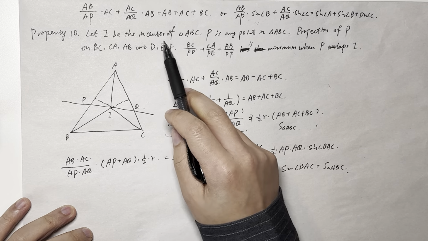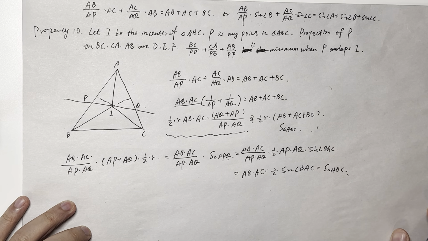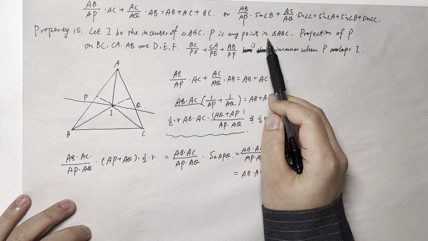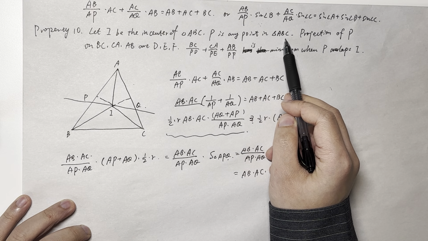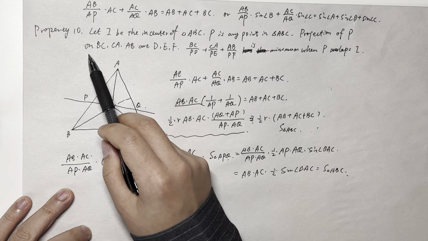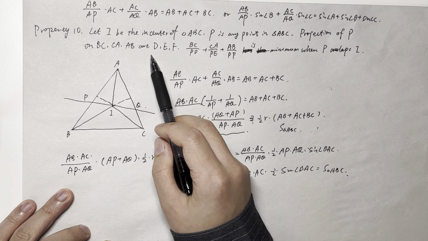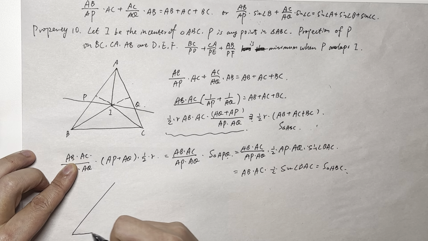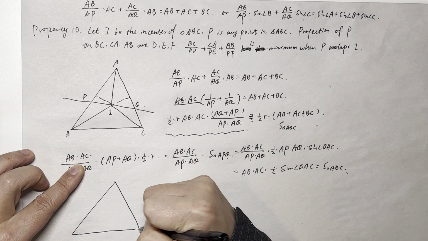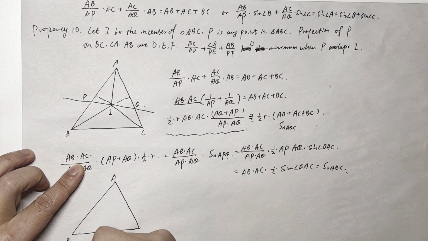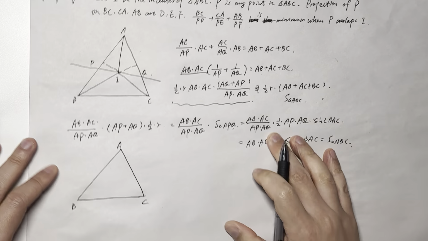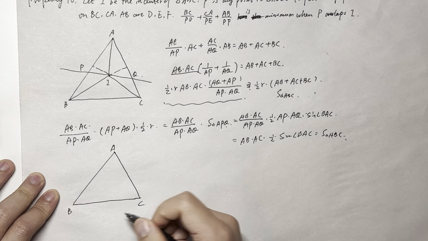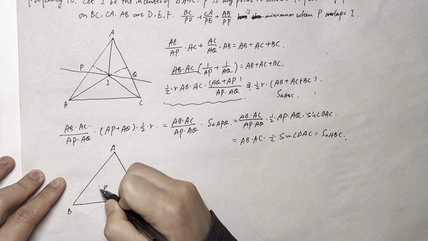So let's see the last property. Let I be the incenter of triangle ABC. P is any point inside the triangle ABC. The projections of P onto BC, CA, AB are D, E, F. So we have A, B, C here, and we have a point P here.